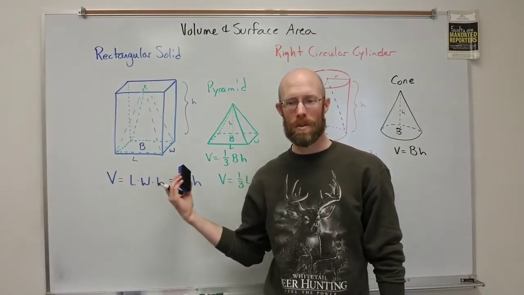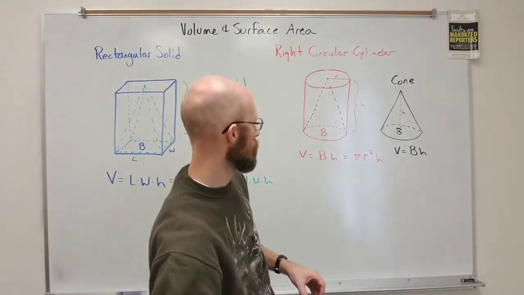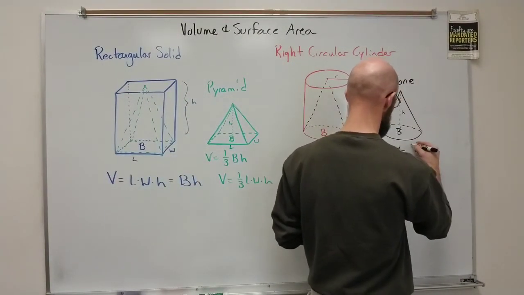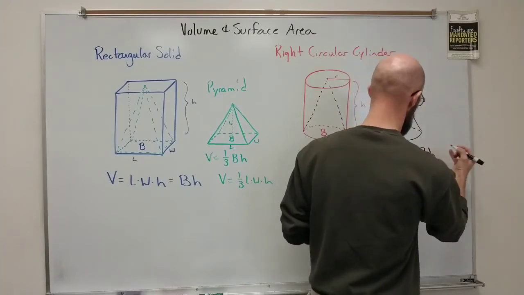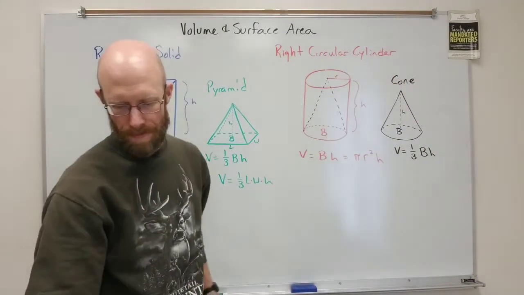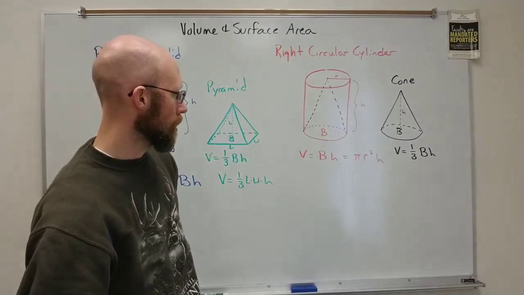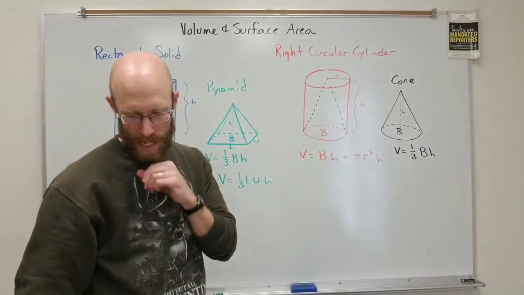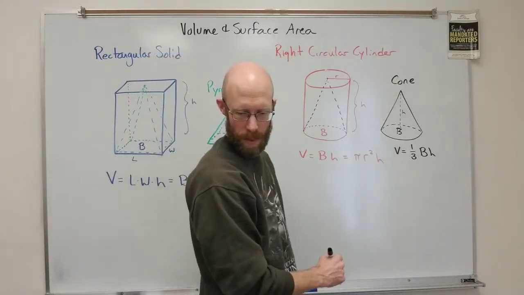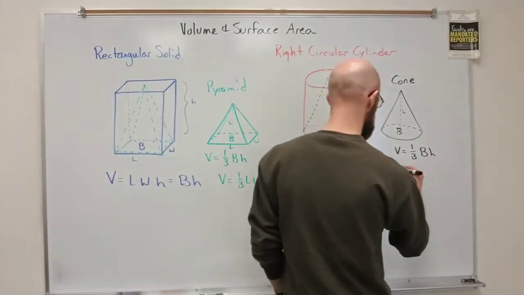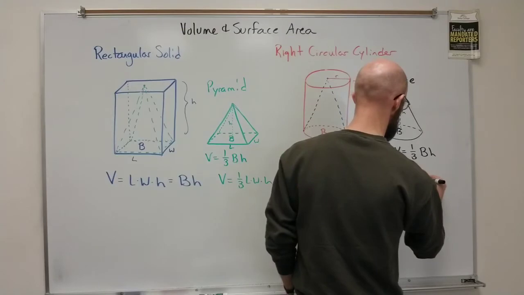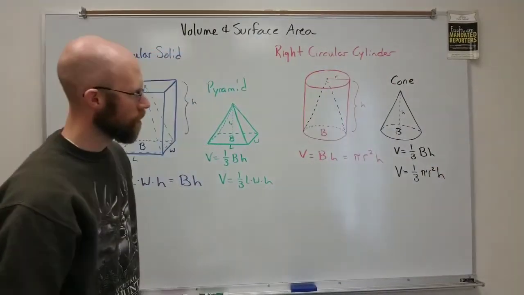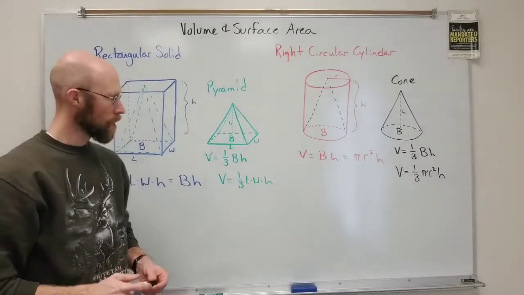Just like this one is 1/3, that one is also 1/3. Sorry. So it's actually 1/3 base area times the height. And that base area is, of course, pi r squared still. And so we really could write this as 1/3 pi r squared h. That's the volume of a cone, all right?